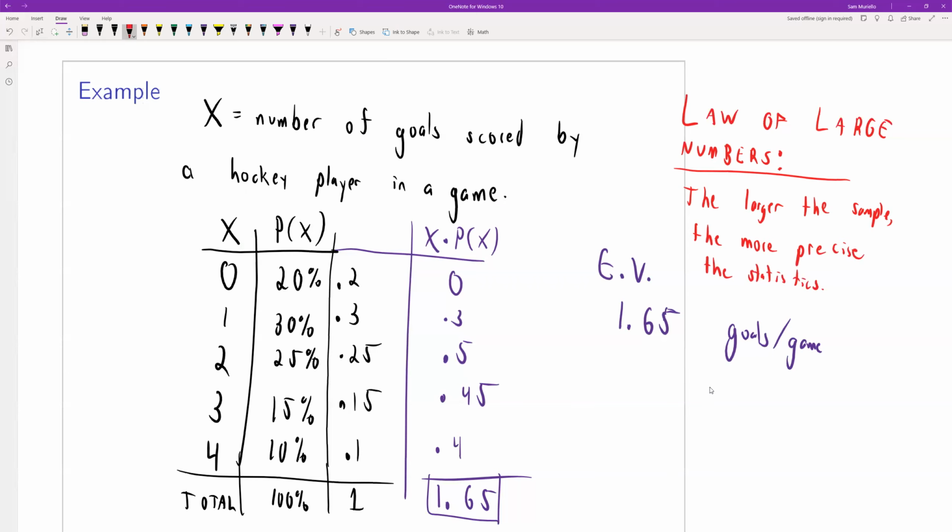The more people we survey, the more experiments we conduct, the more games we observe, the more times we do the certain experiment or the event, the closer our calculations based on all of the different experiments put together will be to the actual true probabilities and statistics.